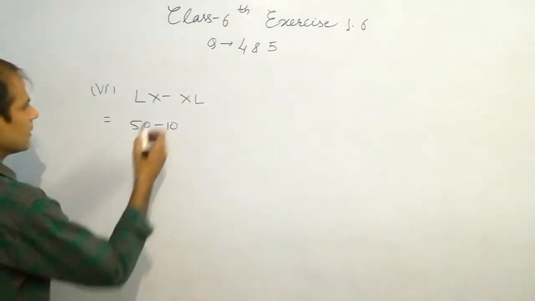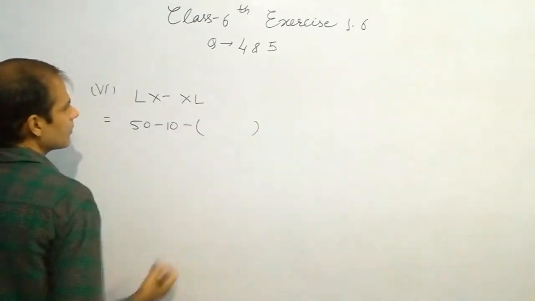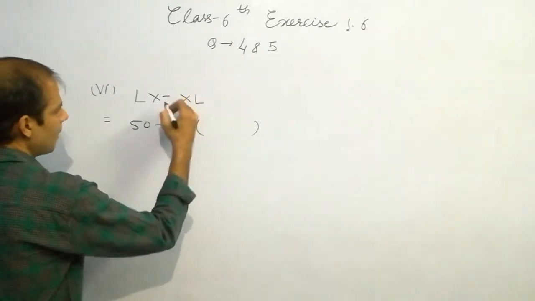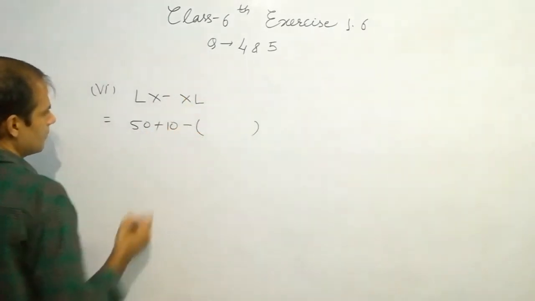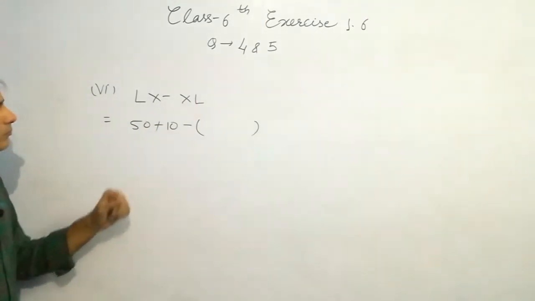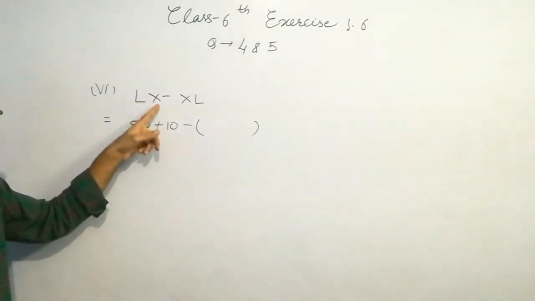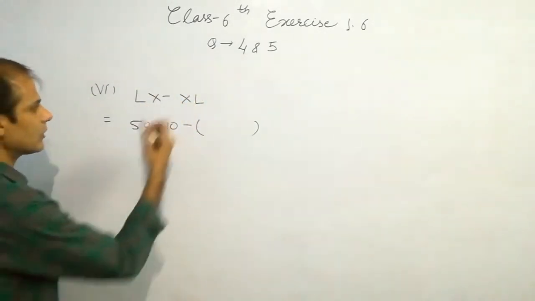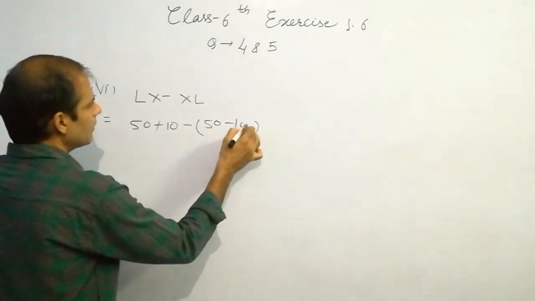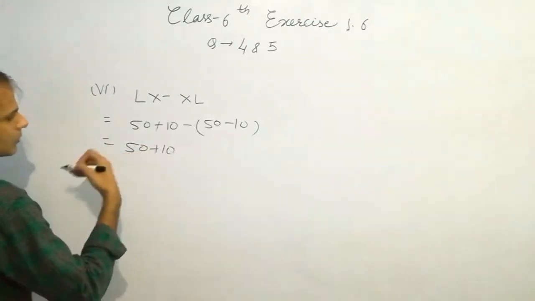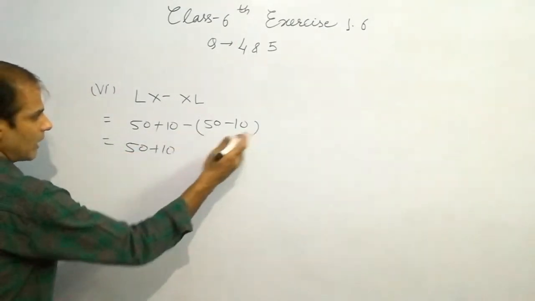See how we will do it. Put this minus sign, write a bracket, then XL means it is 50 minus, wait, it is 50 plus. Okay, LX means 50 plus 10 because this symbol has a smaller value, but this symbol is coming before L, so it is subtracted. 50 minus 10. Now change the signs as we remove the bracket.